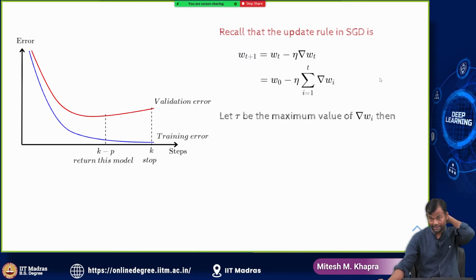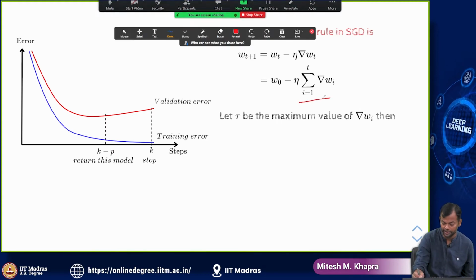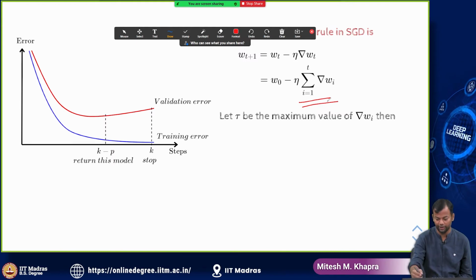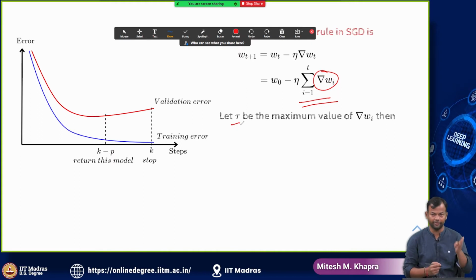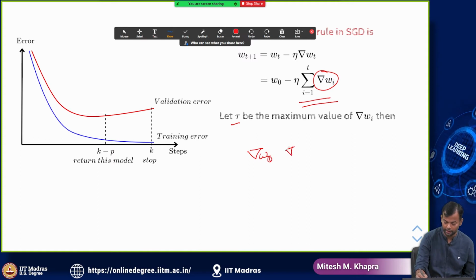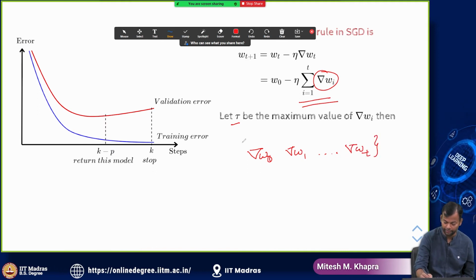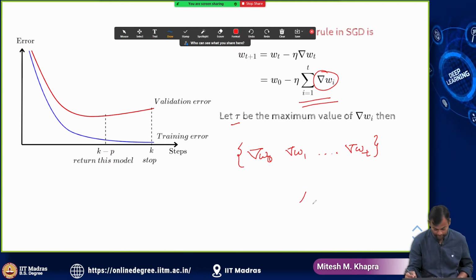Now, across all these time steps, right, there are t terms here, and let the maximum value of any of these gradients, let me call it tau, right. So, each of these gradients, this was delta W0, delta W1, all the way up to delta Wt, and I am saying the maximum of this set is tau, right.